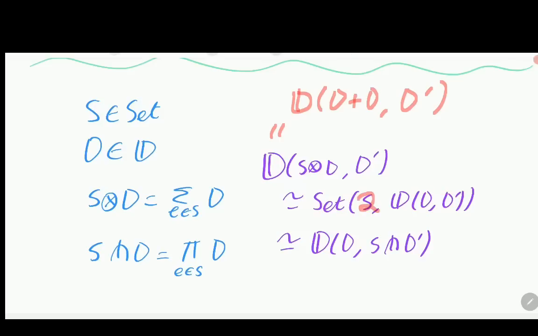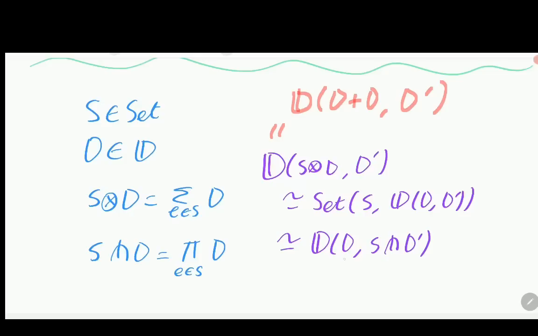So you can see that an arrow from this coproduct here to D dash corresponds to a pair of arrows, one from D to D dash and another one from D to D dash, which corresponds to a function from this 2-element set to the set of arrows from D to D dash. So in a similar way for general S, you can hopefully see that this result holds. Also, we can define the powering of D by S to be the repeated product of D with itself.